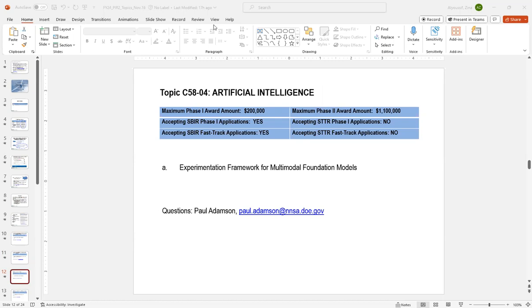I'm the program manager for the data science portfolio in defense nuclear nonproliferation research and development. For this topic, red teaming and evaluation of AI foundation models is a complex, very resource intensive process. So we're looking for frameworks and methods to approach this process of evaluation and red teaming in a more systematic and cost effective way. These approaches should support various modalities of interest. Ideally, they'll involve development and integration of novel benchmarks, metrics, aggregation mechanisms, and/or uncertainty quantification.